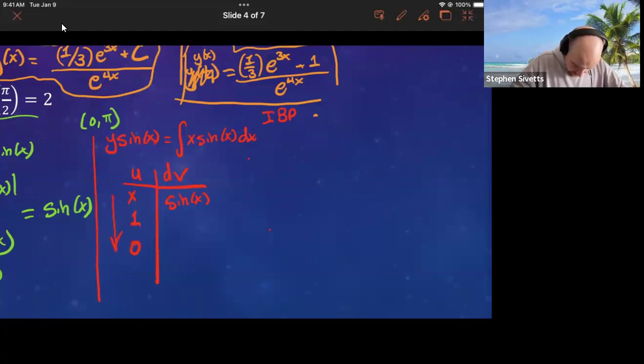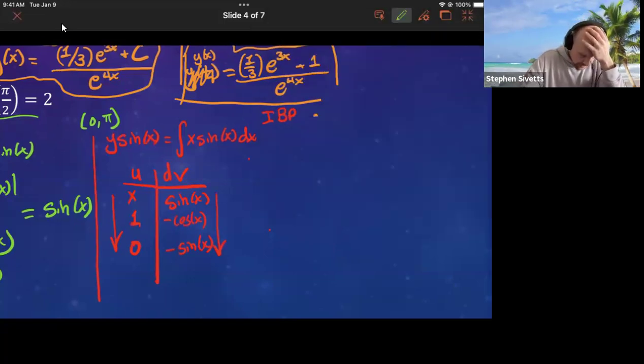And then we integrate v on the right-hand side, so it'll be negative cosine and then minus sine of x. Okay. And then to use this tabular method, we will multiply the terms diagonally, and we oscillate every time from positive to negative, right?